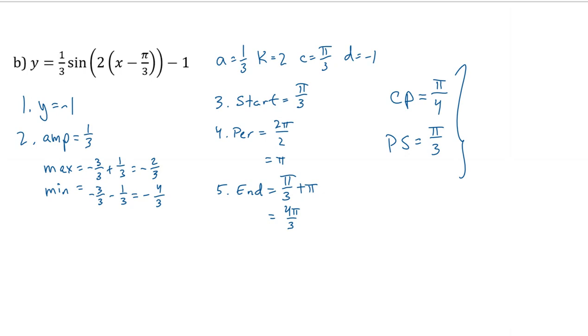James? Pi by 12. 12 is the common denominator. When in doubt, pick pi by 12.